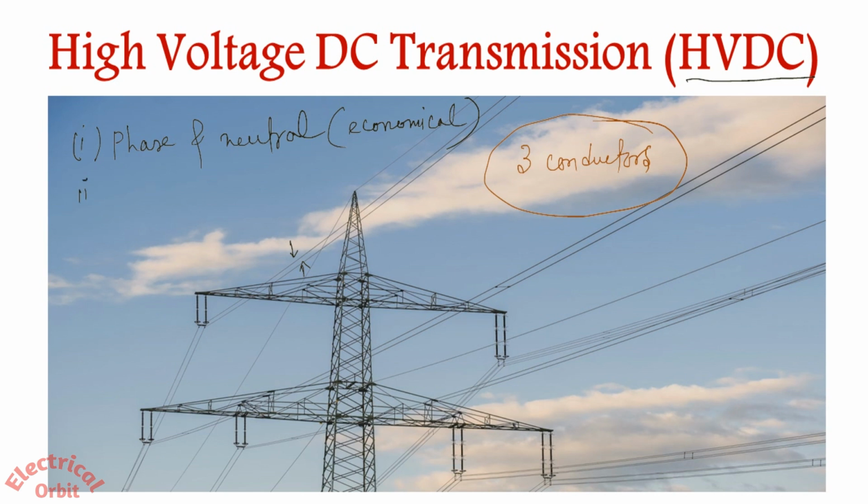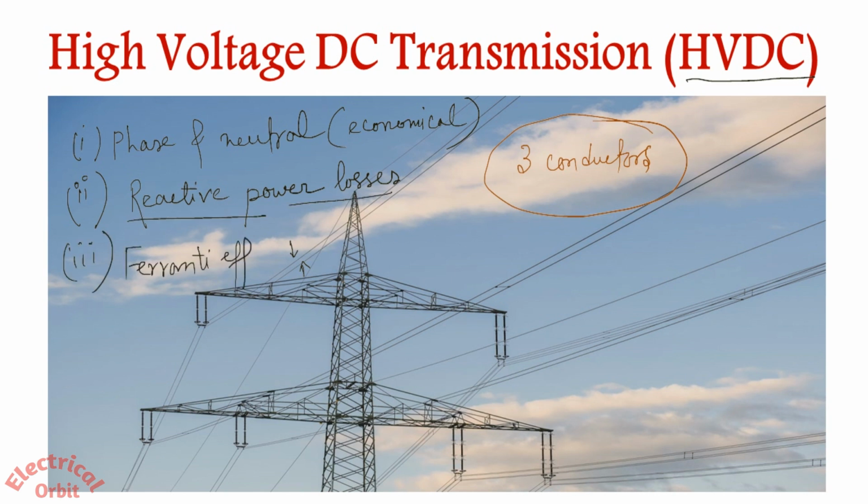Next, the HVDC system is free from reactive power losses. We never find the Ferranti effect in an HVDC system, where the receiving end voltage is higher compared to the sending end voltage under no load or very light load condition. It is being used nowadays for better quality power transmission.